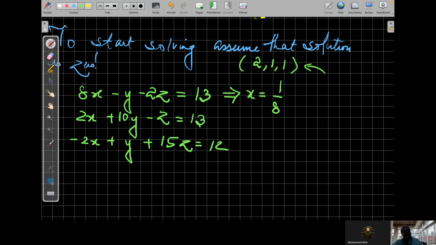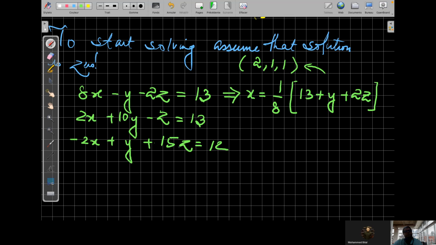Remember this, the coefficient of x is 8, so 1 upon 8, and that will become 13 minus, all right, so then 13 minus, plus y plus 2z.